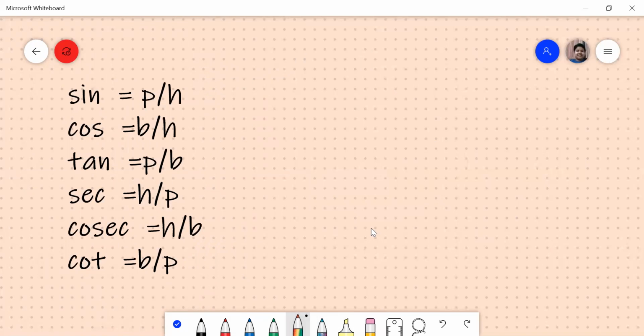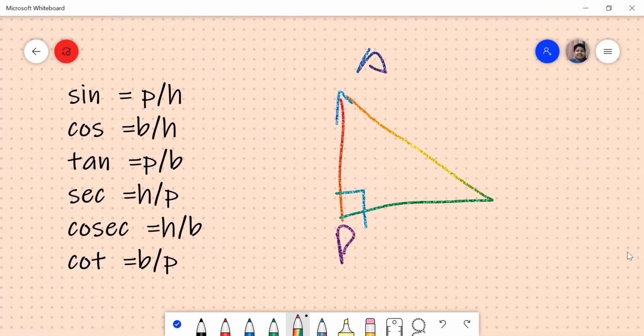So we learned this. Okay. Suppose I give you a right angle triangle like this, and I say find the sine theta. What would you do? Suppose I give you 10 and 5.